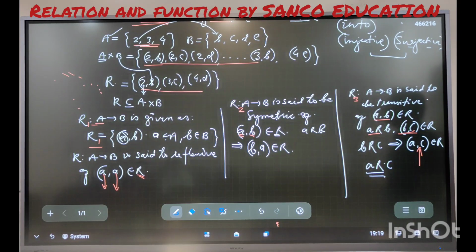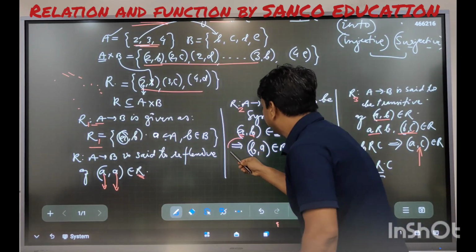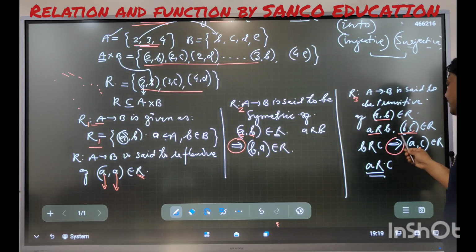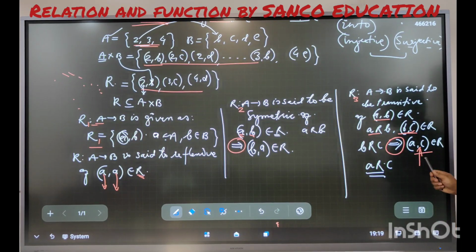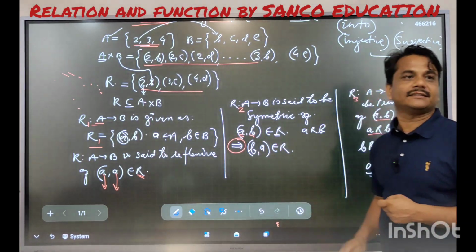A relation is said to be transitive. This implies that this will be caused by these two, and this will be caused due to that.